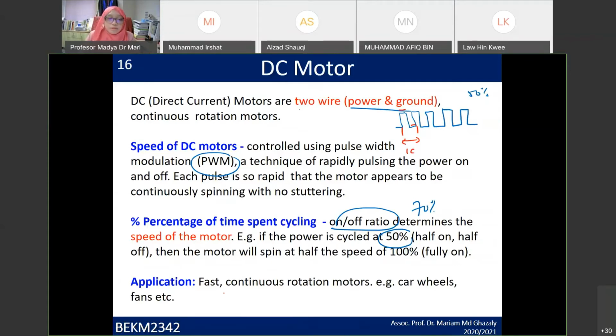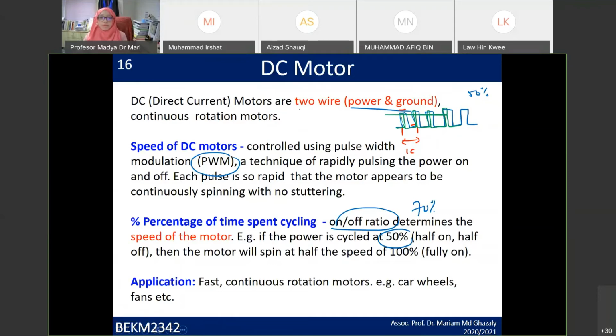If you want to change the speed, you can change the PWM, make it a smaller ratio, but we still have the same cycle. So what is the effect?